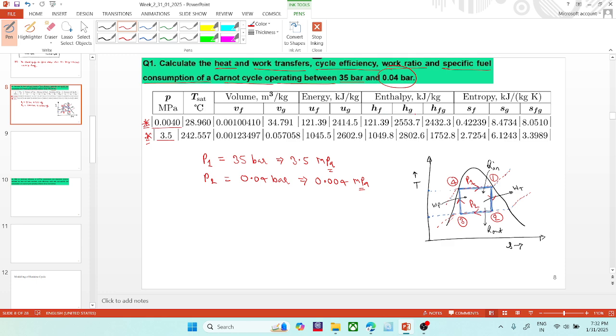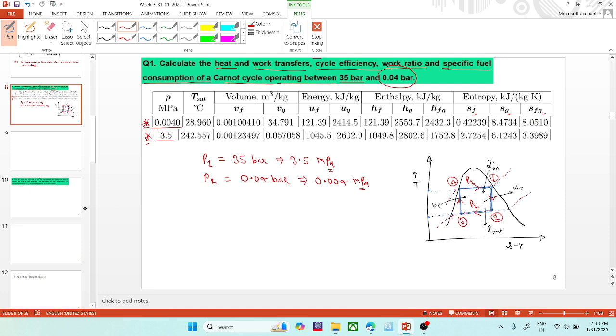Here the Hf and Hg are the enthalpy for the liquid and the vapor respectively, and Hfg is the latent heat. It would be the difference of Hg minus Hf. Similarly, Sf, Sg, and Sfg are the entropies at the liquid, gaseous, and this would be the difference of that, Sfg.